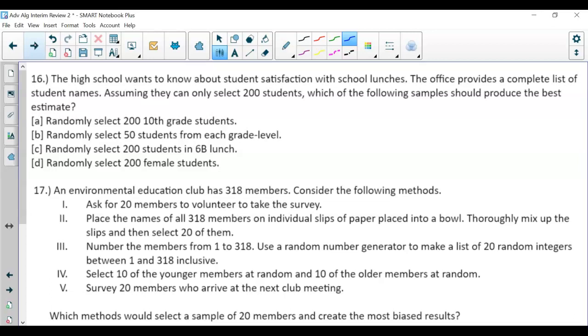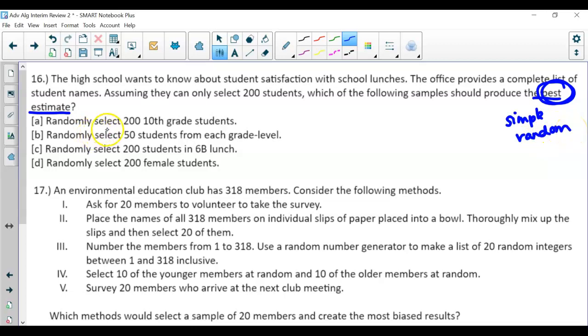So now 16, given this situation, we're assuming that they can only select 200 students. Which of the samples would produce the best estimate, the most accurate? So remember sampling methods, the most accurate, if you've got it, is simple random.